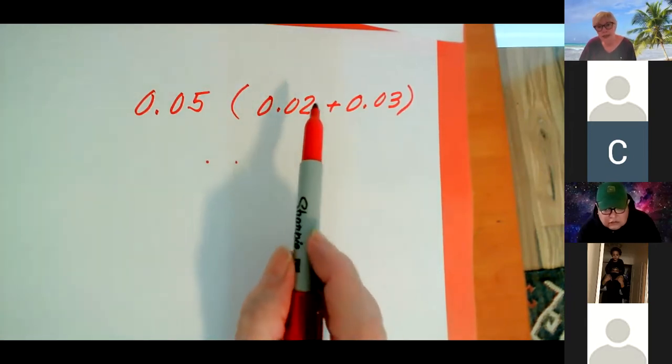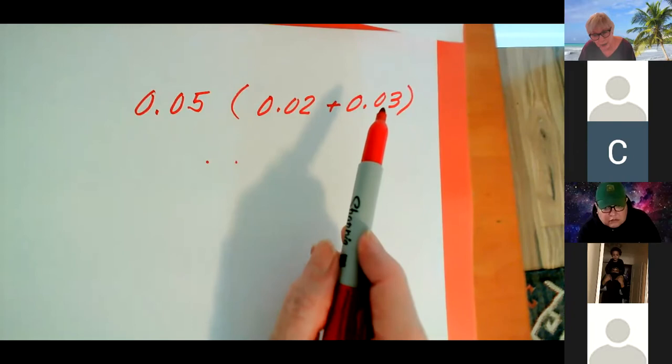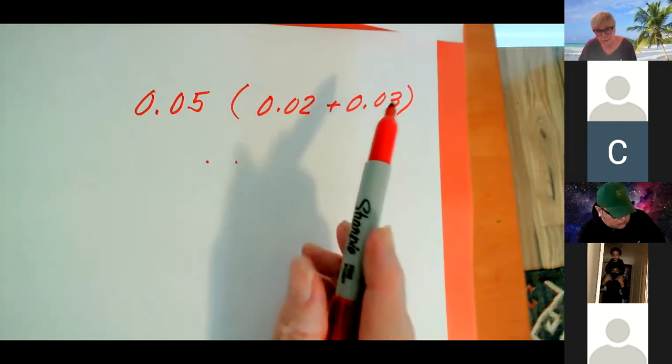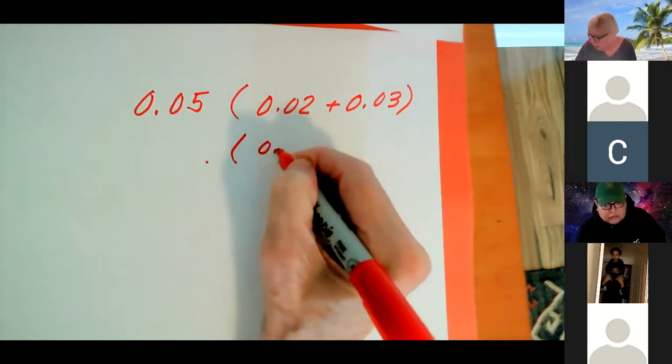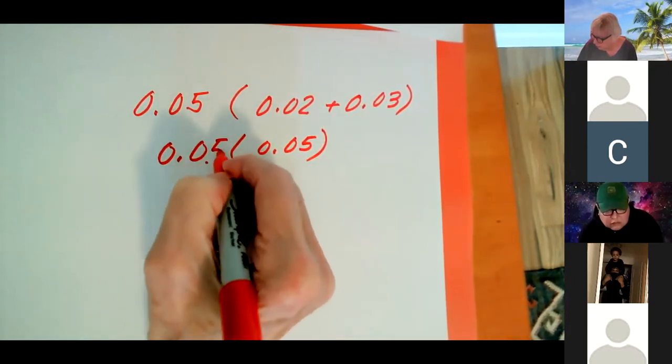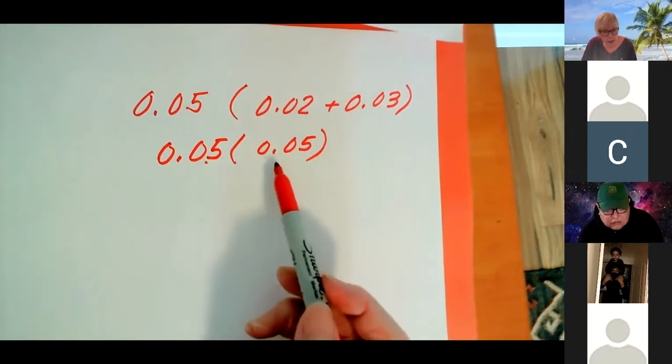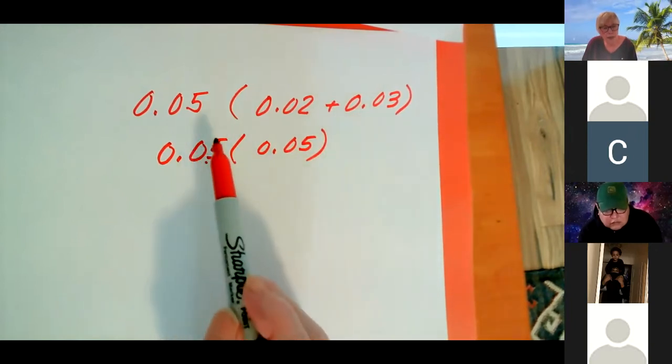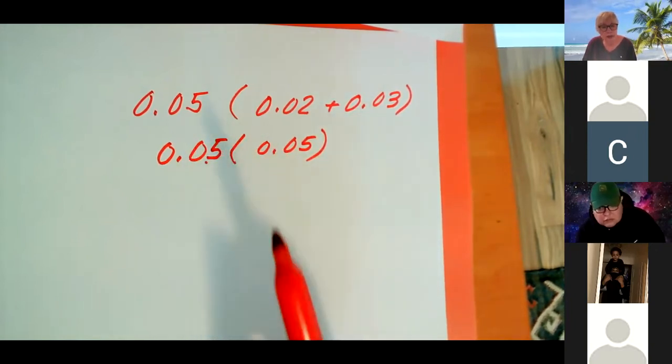This is 2 cents and this is 3 cents. Is that okay with you? So this is 5 cents. Well, that took care of that. But now it's this and this. The assumption is multiplying.